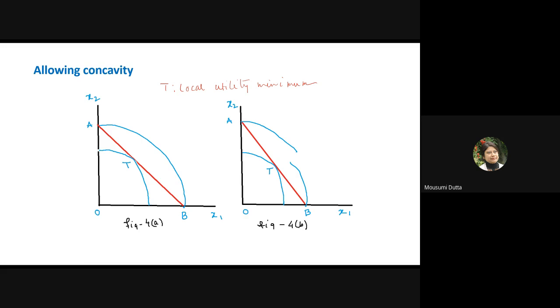And the consumer can increase her utility by moving from the point of tangency toward either axis.